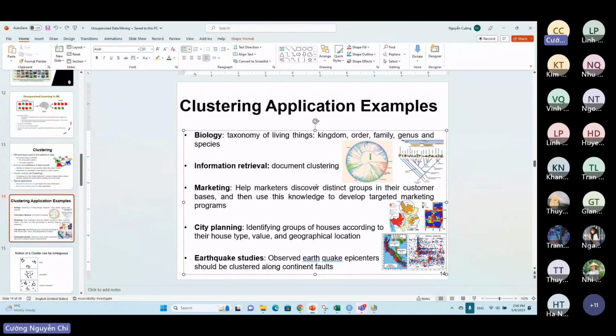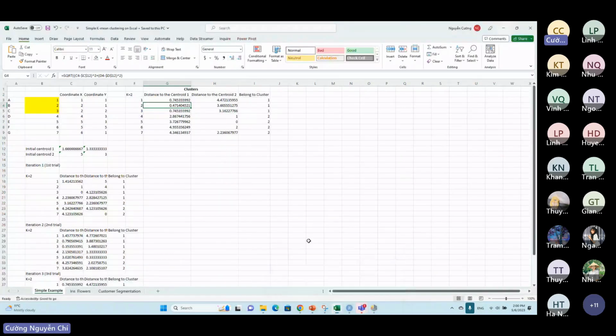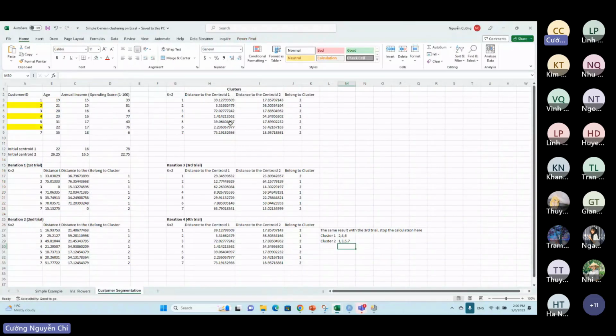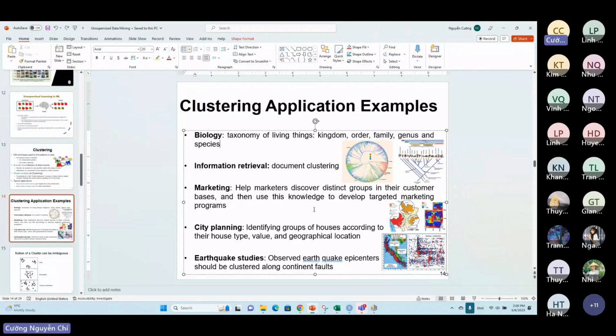Okay. Marketing, that helps me to do marketing segmentation, customer segmentation. Later in this class, I will also show you how to do customer segmentation based on the data. Don't worry. City planning, earthquake studies.